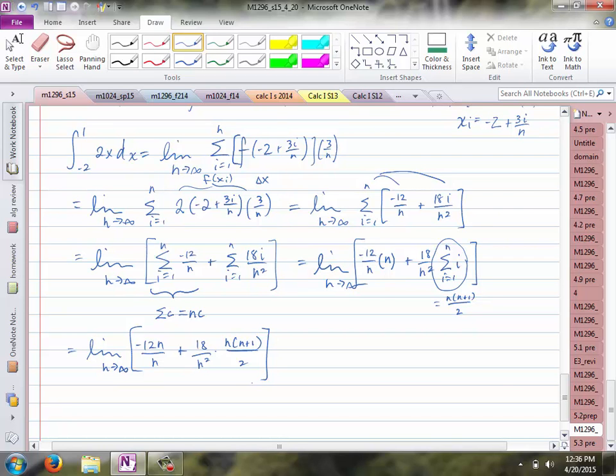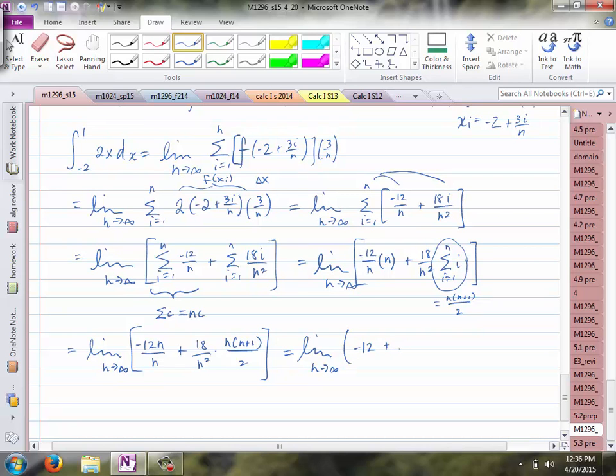Now the next step is you can usually simplify what's here big time. In the first term, for example, how can you simplify that? The n's cancel, right? So do it and you get negative 12. That's a piece of cake to take a limit of when it comes time.